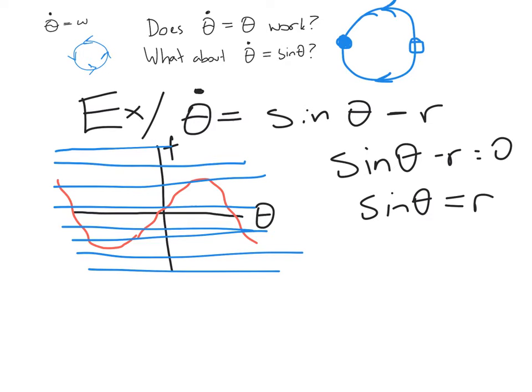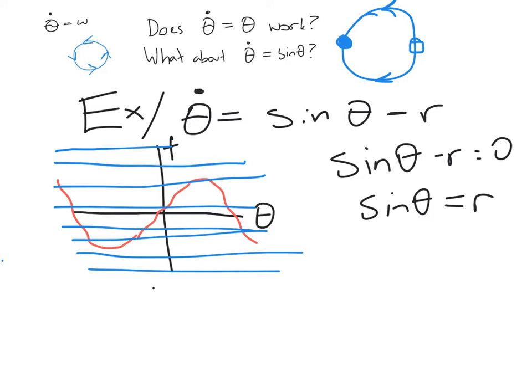That's a range of values of r that I've just drawn in. Since we know that sine theta ranges from -1 to 1, for r values outside of the range -1 to 1, there's no intersection, meaning there are no fixed points.